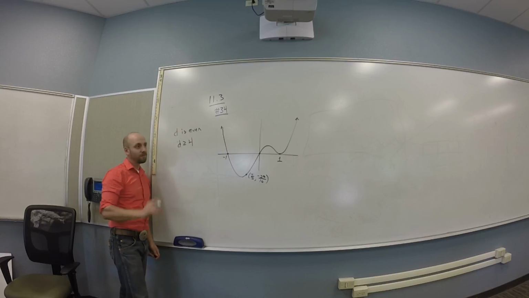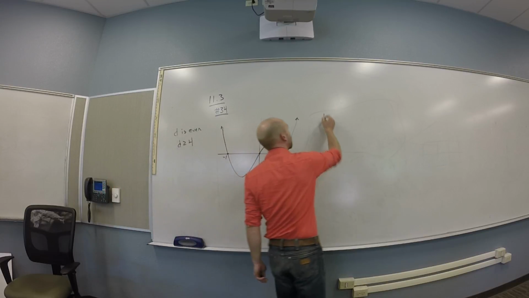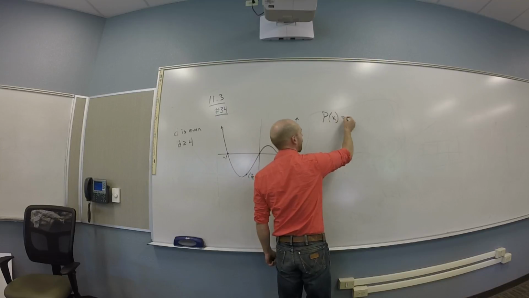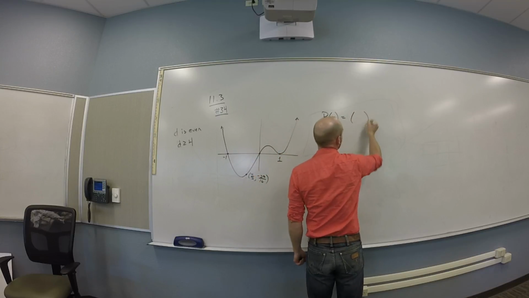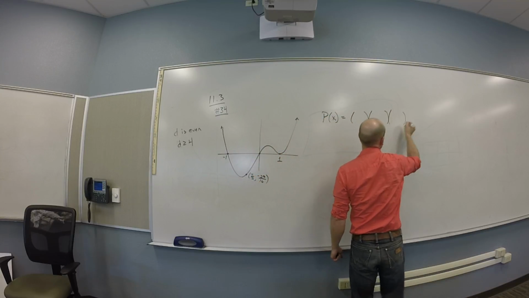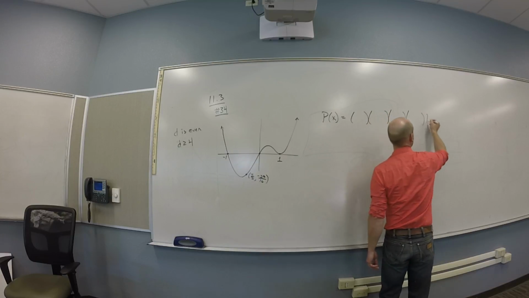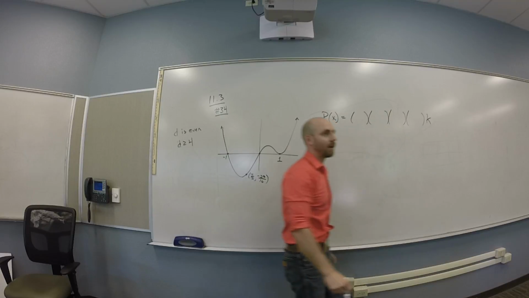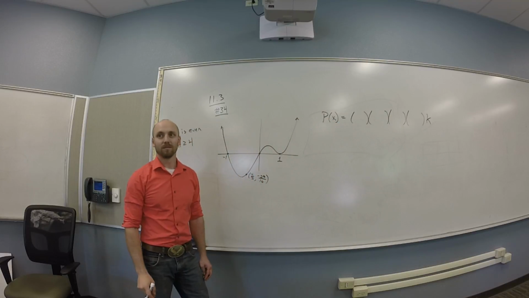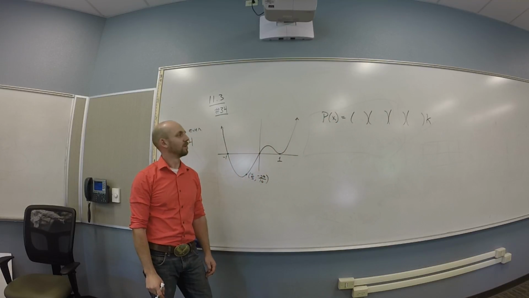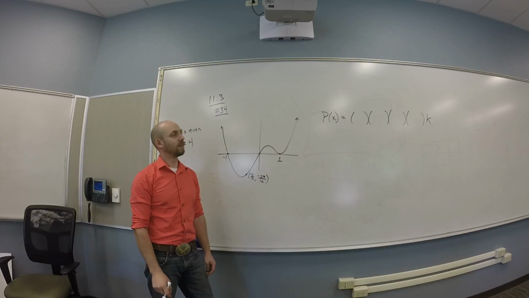Cool. So the fact that it's 4th degree means I should be able to write p of x is something, something, something, something. Maybe also some constant, right? Shouldn't it be plus k? Probably minus k.